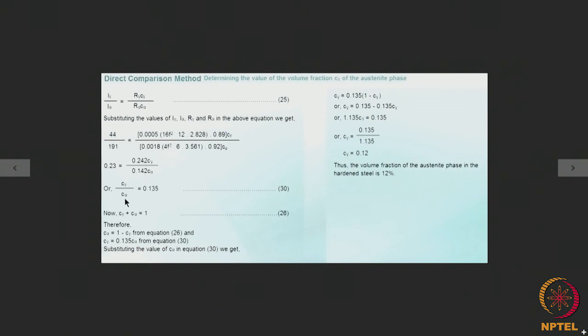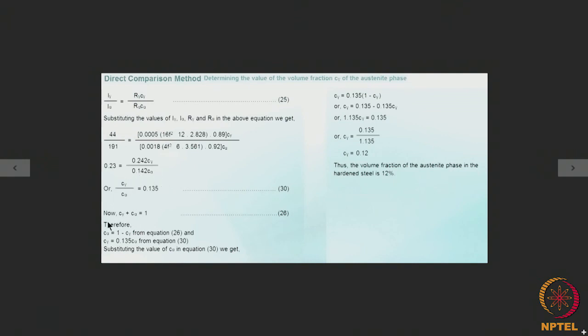So C gamma by C alpha is 0.135, but since the material contains only two phases, gamma and alpha, we can write C gamma plus C alpha is equal to 1. So you see that now we have got two important expressions, one for C gamma by C alpha and the other for C gamma plus C alpha.